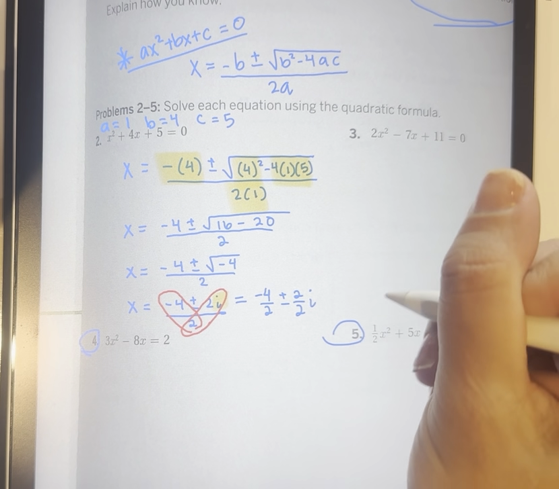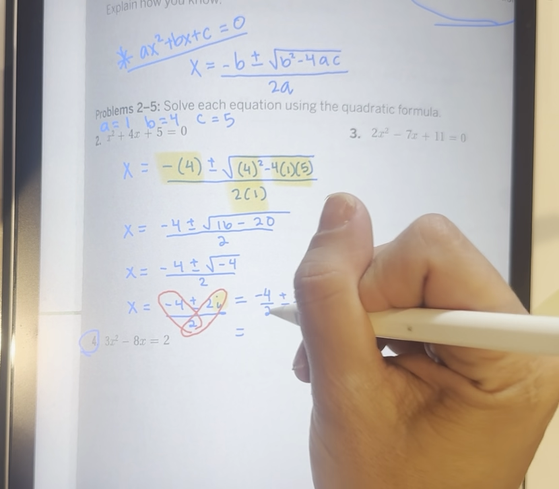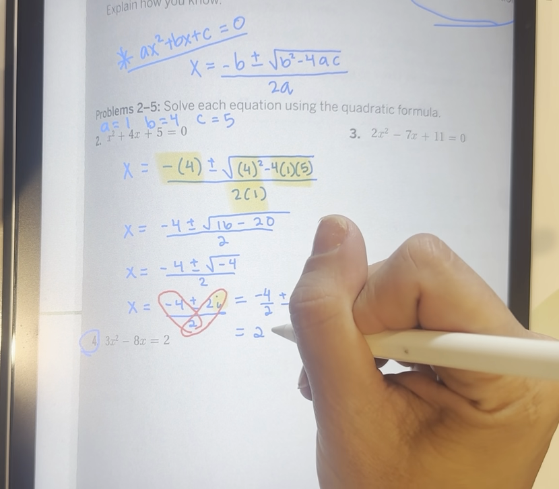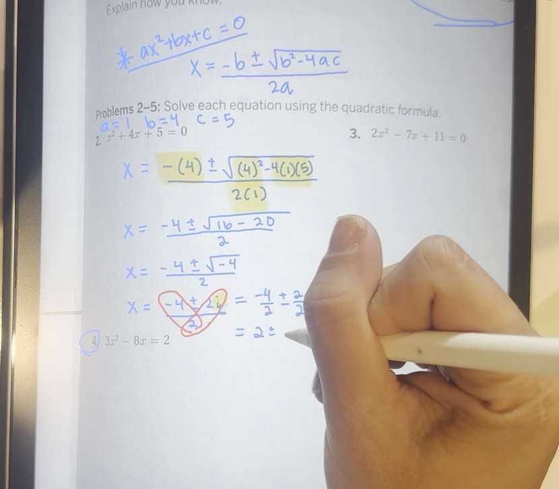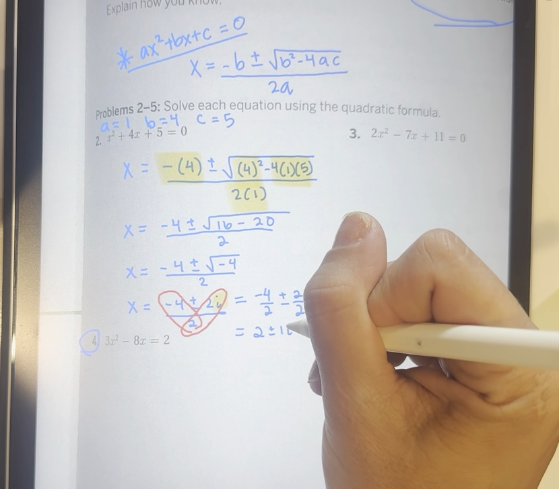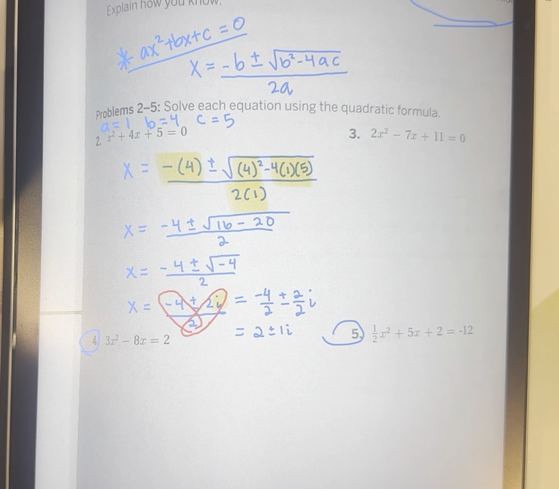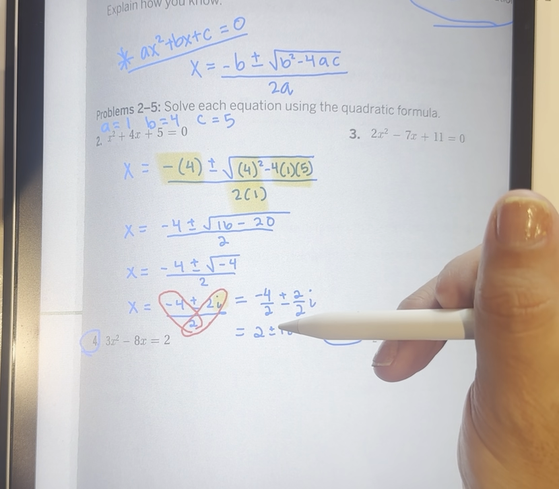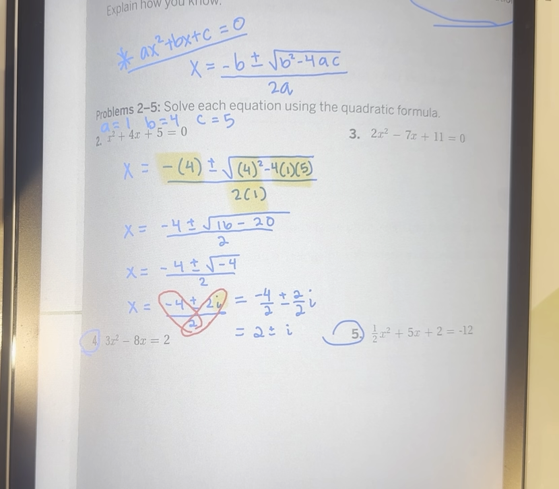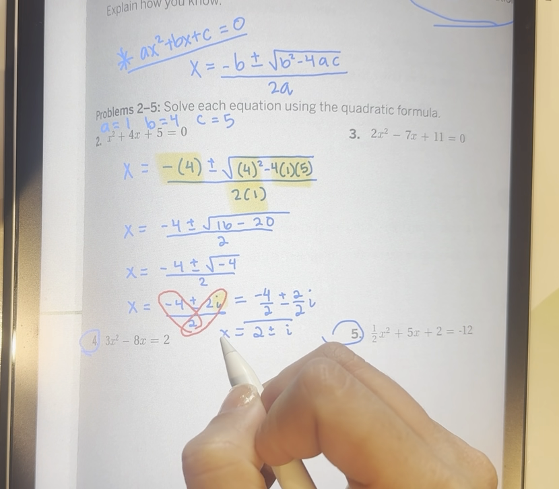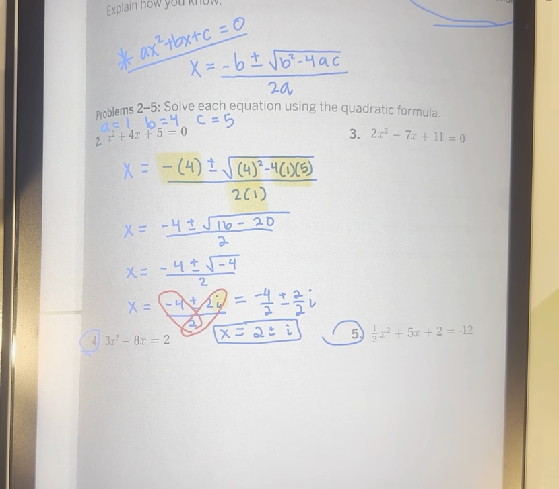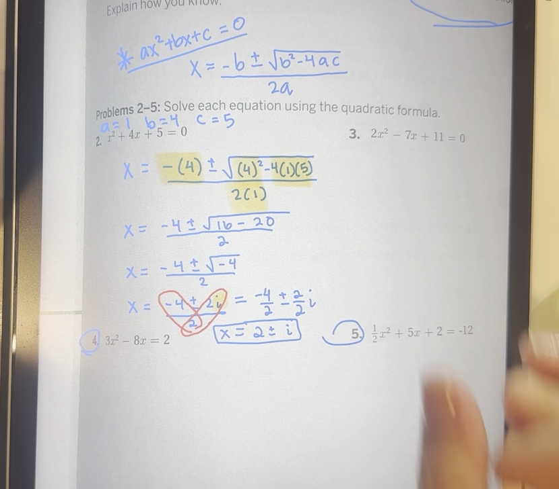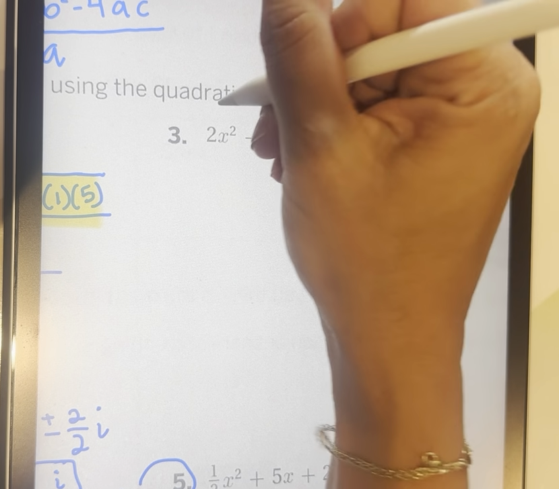And finally, we will simplify this: negative 4 divided by 2 is just negative 2, plus or minus 2 divided by 2 is just 1i. I wanted to write the 1, but I didn't want you to get confused as to why it went away. But we don't have to write the 1 when it's 1i. So really, we will just write negative 2 plus or minus i. Final answer, x equals that, for number 2. Okay, let's go look at 3.